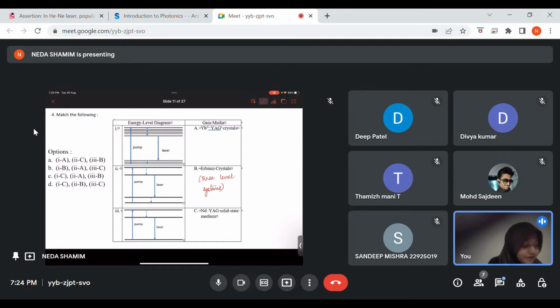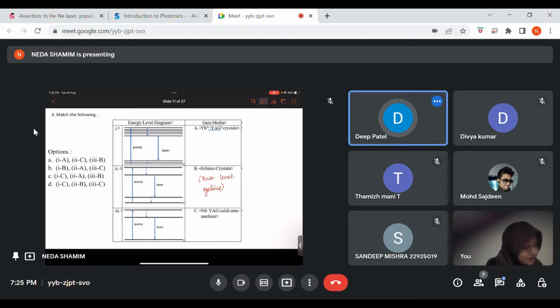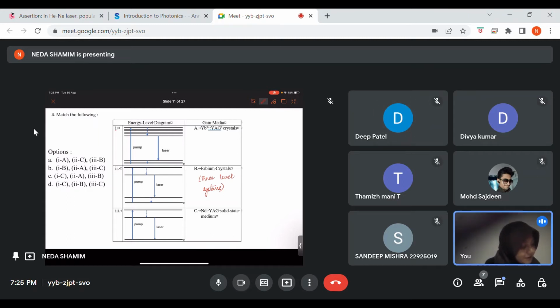There is only one three-level system shown in column A, so it is 3B. Two options I can see with 3B: A and C. And what is the Nd:YAG system? We have another four-level system. The Nd:YAG solid-state system is a four-level system. So from here we have only three options.